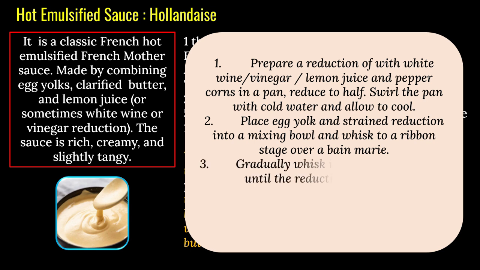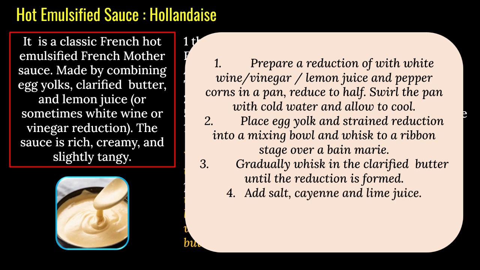Clear? Number 3. Gradually whisk in the clarified butter until the sauce is formed. Now we are going to add the clarified butter and go on mixing it. Once it is consumed totally, then you add salt, cayenne pepper, and a little amount of lime juice for the taste.